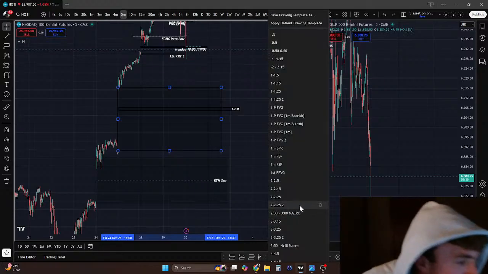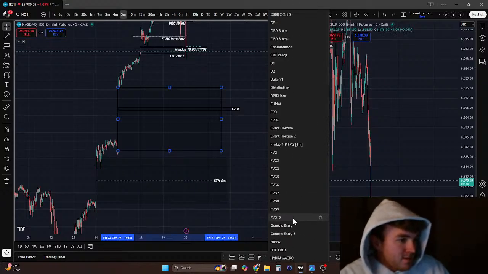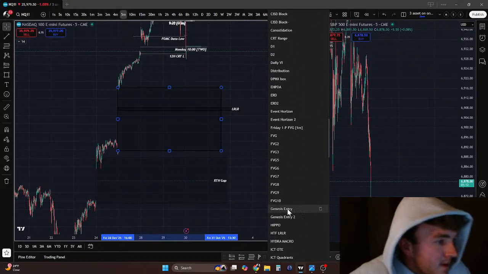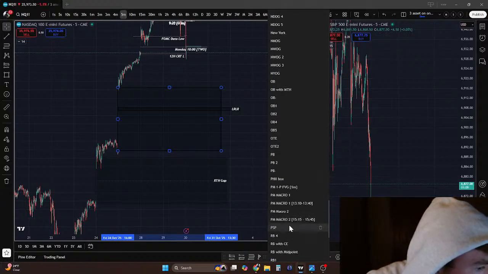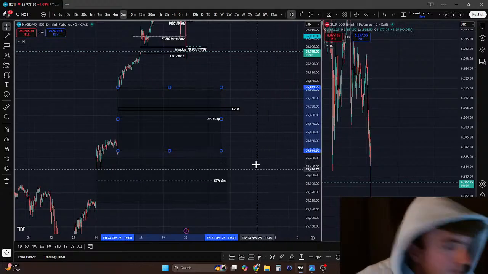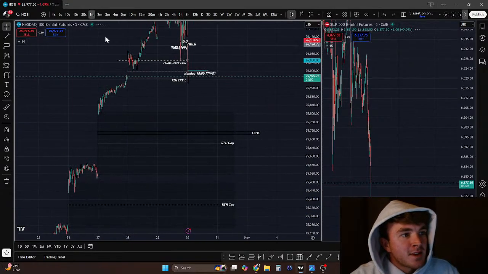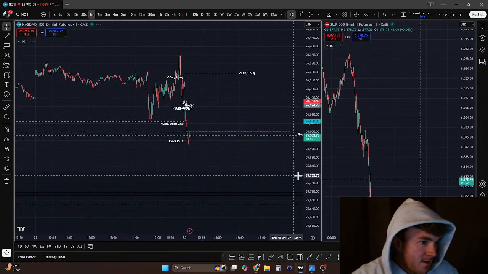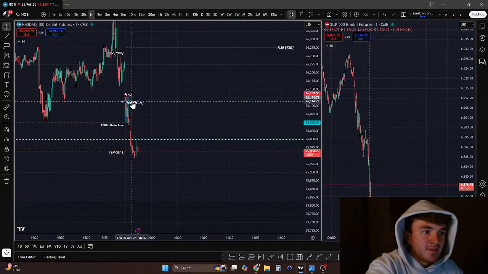Alright, we actually are getting close to that NDOG. Heading back to the first one for value gap. Ooh, let's take a look and see where that is. I don't know if we're gonna get past the NDOG here, to be honest.